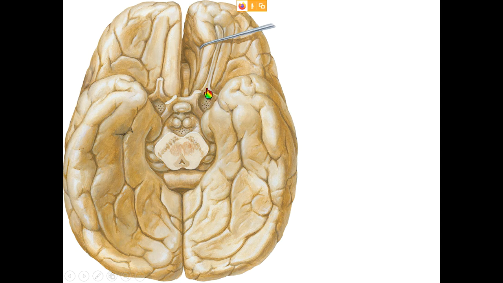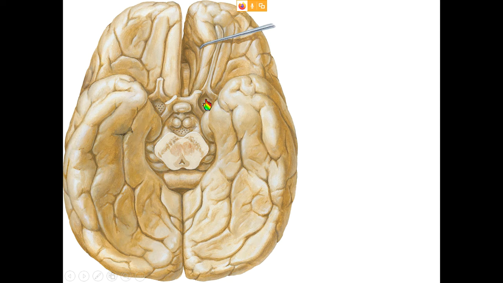Here we are seeing the olfactory tract, and this olfactory tract is going to divide into medial and lateral striae. So behind the medial and lateral striae, just above the stem of the lateral sulcus and lateral to the optic chiasma, this diamond shaped structure is called the anterior perforated substance.